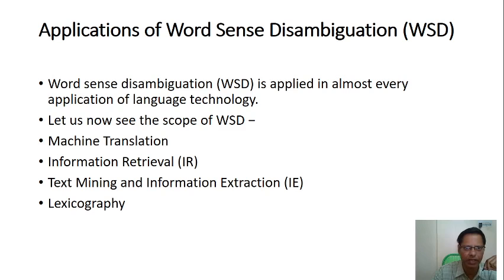Applications of word sense disambiguation. What are the different applications? Word sense disambiguation is applied in almost every application in language technology: machine translation, information retrieval, text mining and information extraction, and lexicography. Machine translation is from language to language, from place to place. For information retrieval, we have a separate subject, information retrieval systems, where information is retrieved based on the requirement, and there are internal things happening when you are retrieving.